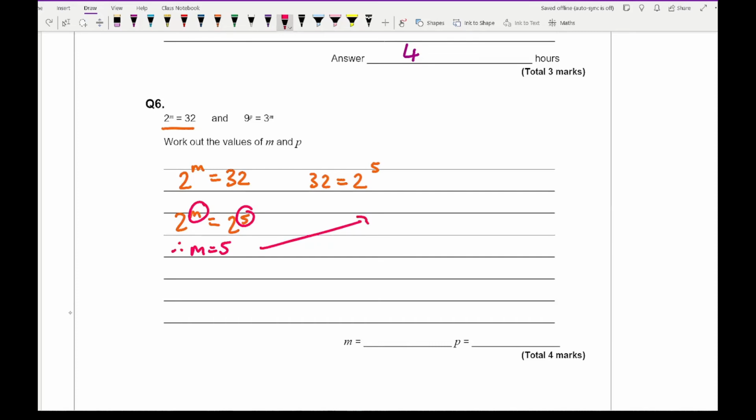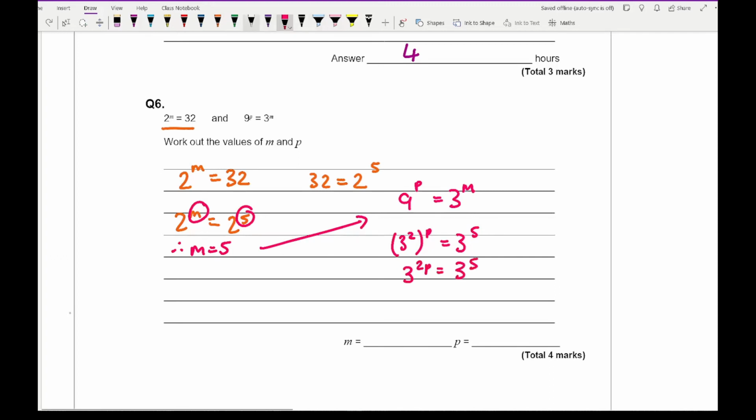Then using this, I've got 9 to the power of p equals 3 to the power of m. Now I can write 9 as 3 squared, and I can write m is now 5. So here I've got 3 to the power of 2p equals 3 to the power of 5.